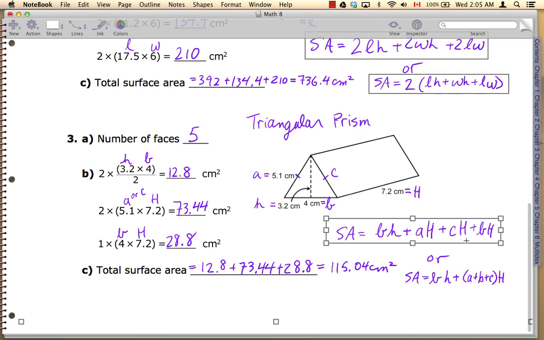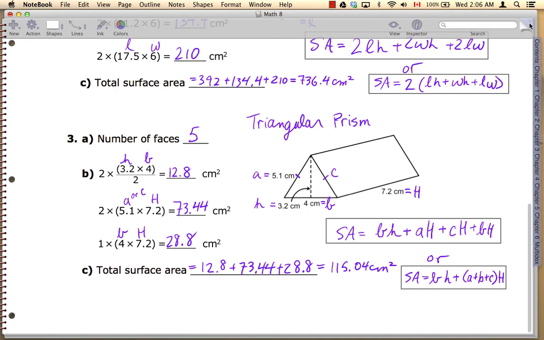And that will give you the total surface area of this prism. I'm going to put this other formula in a box, and you may want to come back to this again later to make use of that formula as you're doing your assignment.